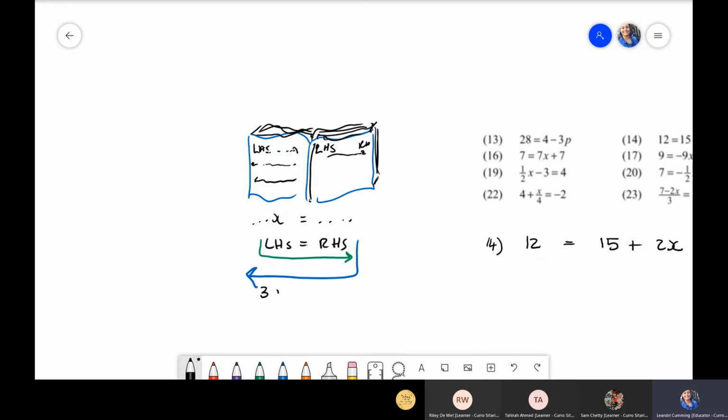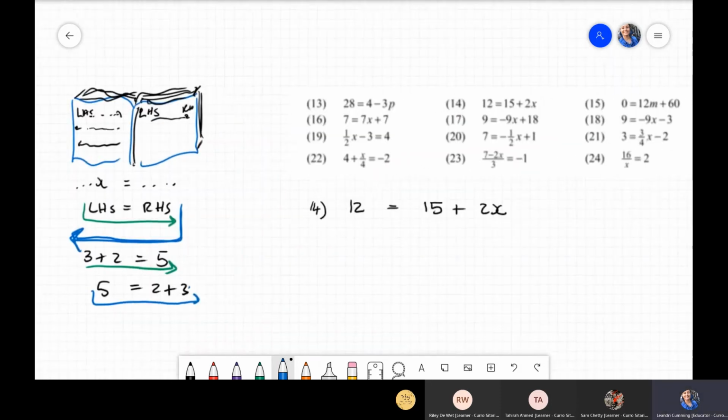So if I say 3 plus 2 is equal to 5, then 5 is equal to 2 plus 3. What I've done is I've read it this way, and I've read it, the blue one, from right to left. Gives you the same answer, provided that I treat it carefully.